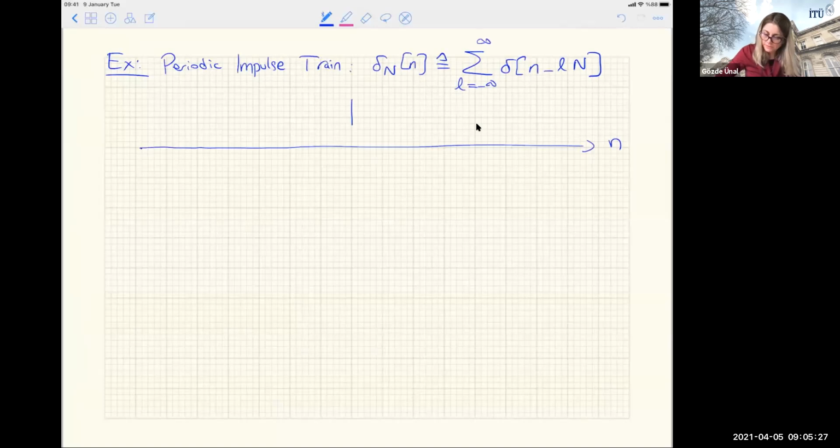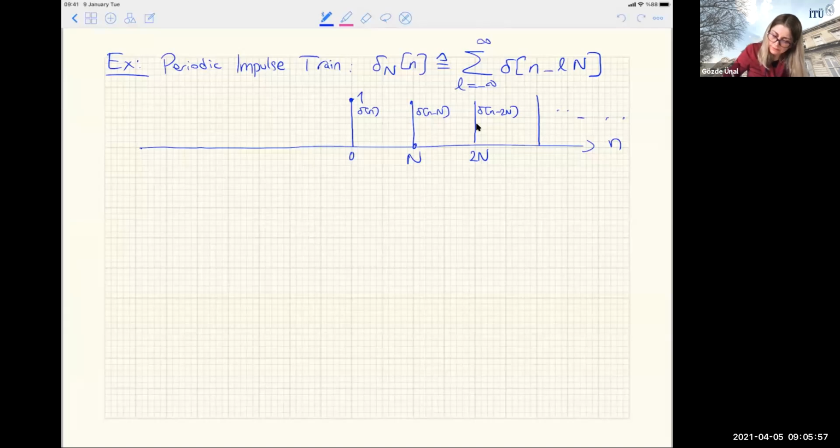And for instance, it's 1 here, this delta n sequence. I'm plotting it now. Every N, it's going to repeat, or it will have this value 1, the same one. So this is delta of n. This is delta of n minus N. Delta of n minus 2N goes in this way.